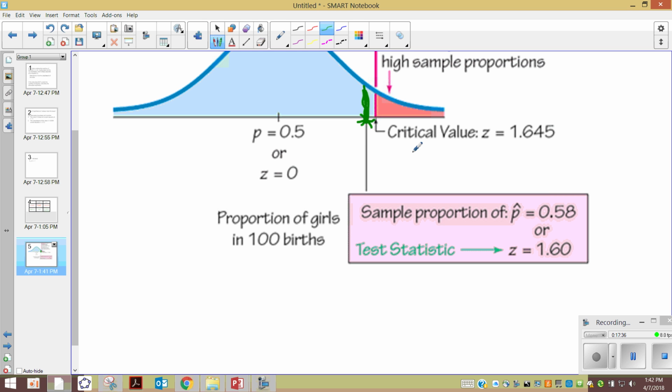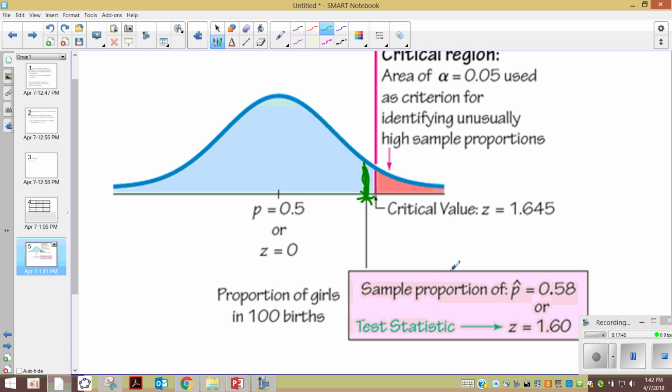And just like the critical value, which has the red boundary line there, has the red area alpha attached to it, shaded region to its right, your p-value, the p stands for probability, the probability of the test statistic being this extreme, is the shaded region to the right of that.